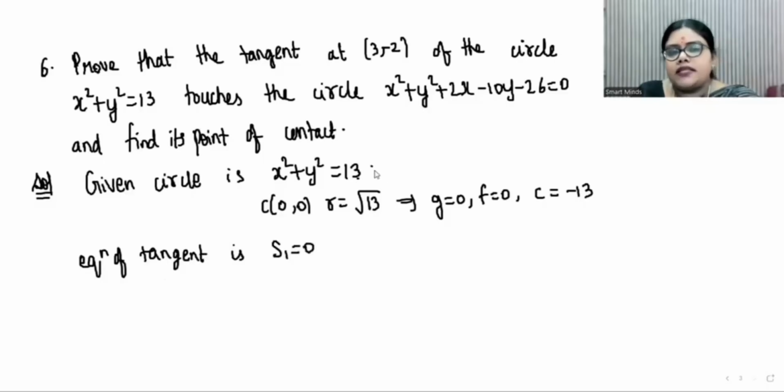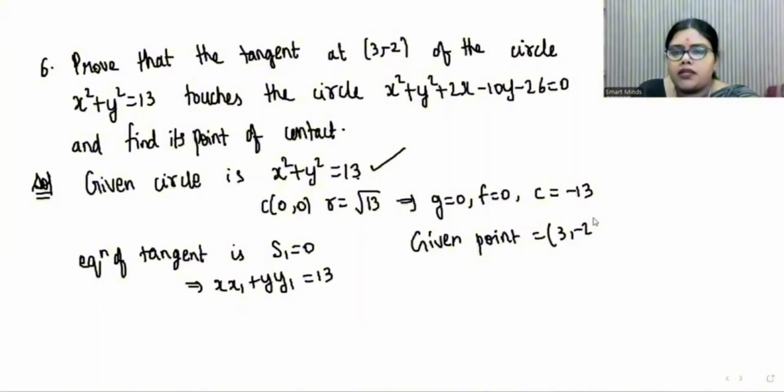Now you can see this equation is in standard form. So if it is in standard form, what is S1 is equal to 0? x x1 plus y y1 is equal to 13. Now let us substitute the point. The point is (3, minus 2).